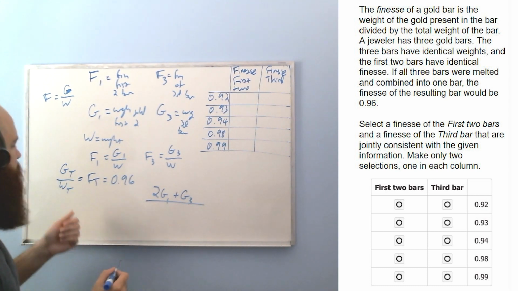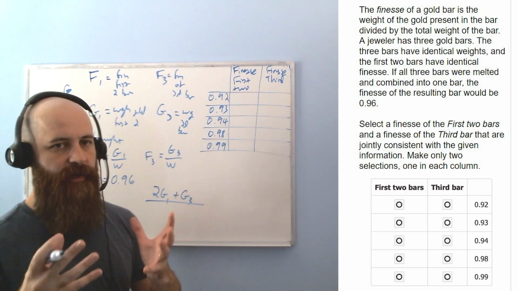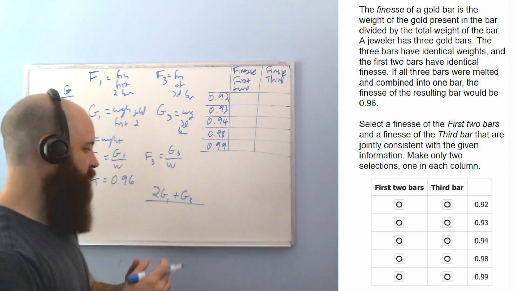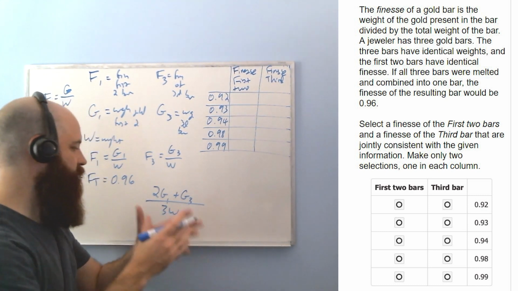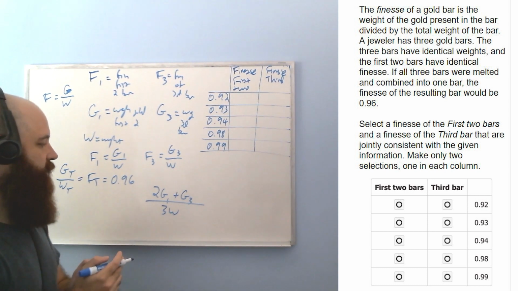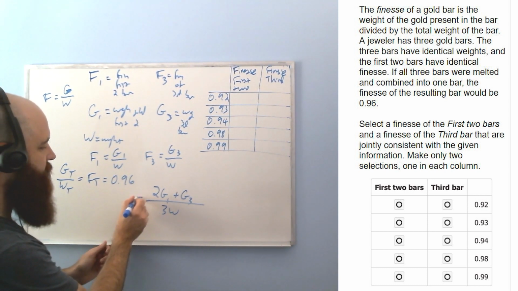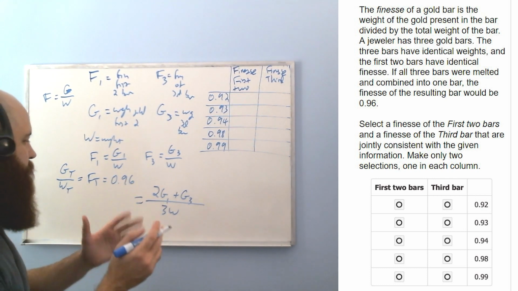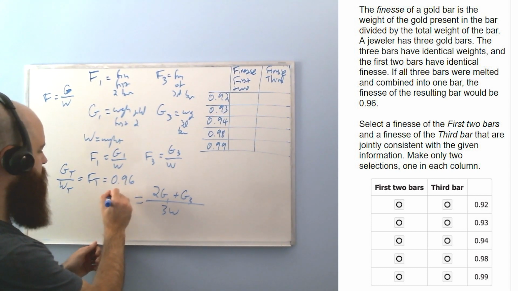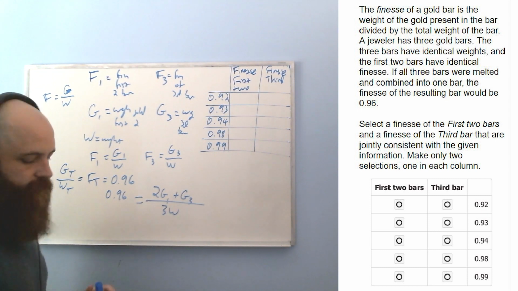If I divide that by the total weight, well, I've got 3 bars that were melted down, each with a weight of W. When I combine them again, they'll each still have a weight of W, so the final weight will be 3W. Okay, great. So there's an expression for the finesse of the combined gold bars, and it's equal to 0.96.